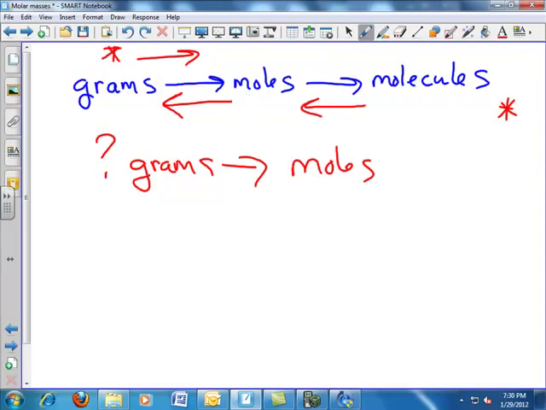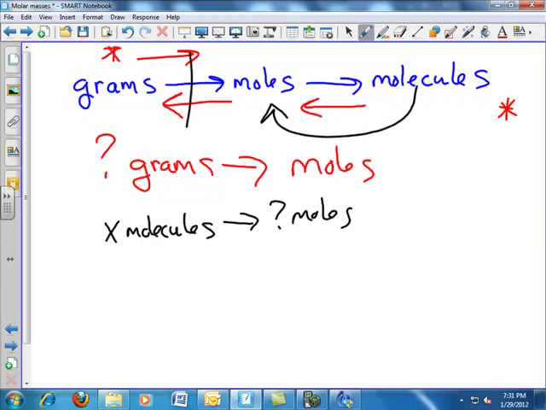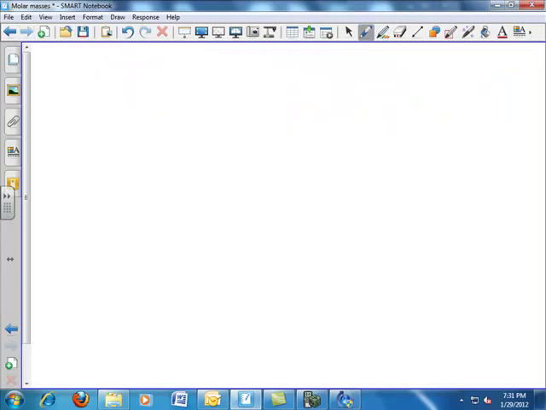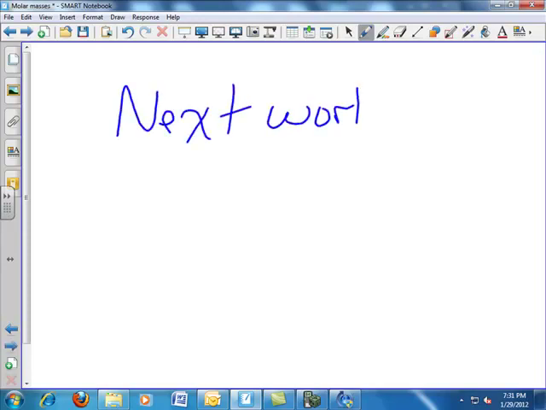Some questions might say, you have X number of molecules, how many moles have you got? Well, now you're going to go from molecules to moles, and you're going to stop. You're not going to go all the way to grams. So always pay attention to what your questions are asking. So now you should be able to complete the next worksheet. That would be your assignment.